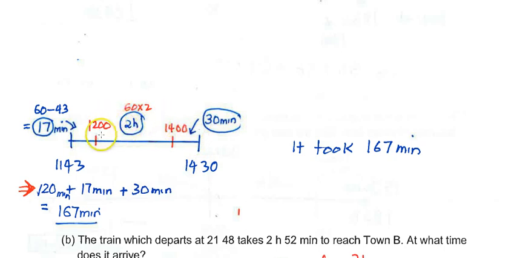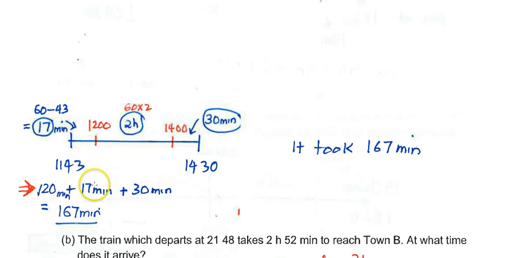Now I'm trying to show you something which is different. For this timeline we just have to get to the next o'clock. For example, 11:43. The next o'clock is 12. Now 14:30, if you go backward, the previous o'clock is 1400 hours, right? So the gap between 1400 hours and 1430 is 30 minutes, and over here the gap is 60 minus 43, which is 17 minutes.